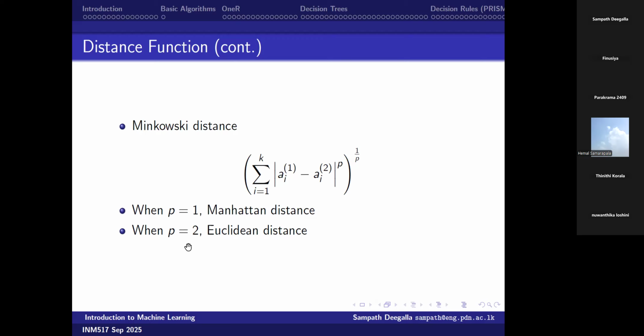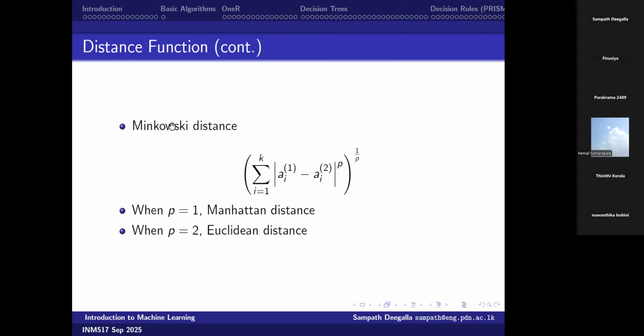But if p is set to 2, you take the differences, square them, and finally take the square root. This is called Euclidean distance. So ideally, we can use a distance metric to identify the closest attributes in the data set.